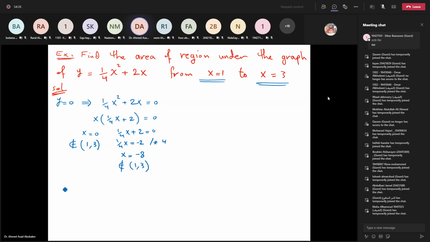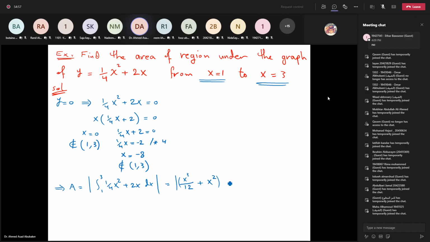Okay, so we have one area equal to the absolute value of the integral from 1 to 3 of 1 over 4 x squared plus 2x dx. Now we need to find this integral. It is x to the power 3 over 12, because 3 times 4 equals 12, plus x squared, because we have 2x squared over 2, removing 2 with 2.